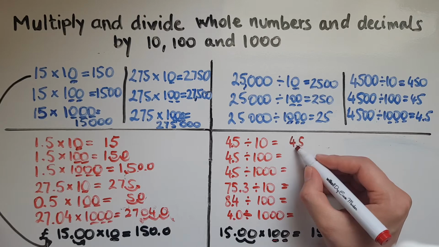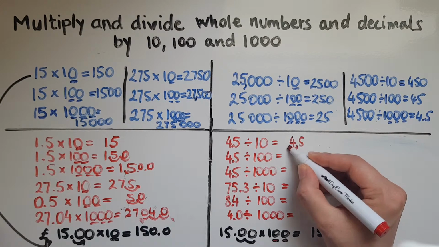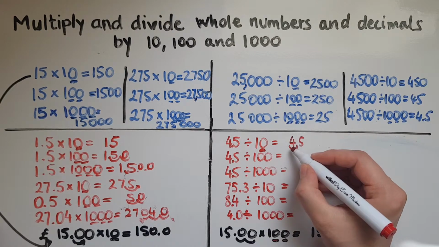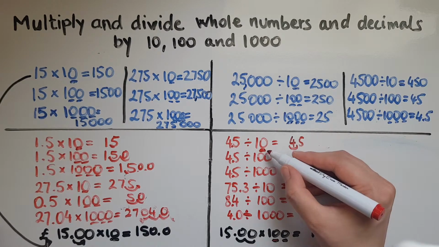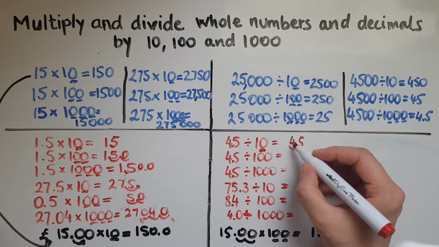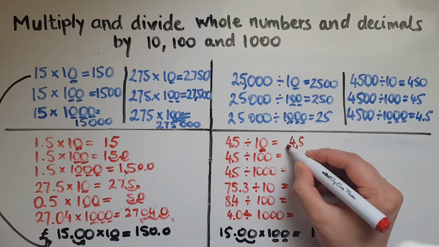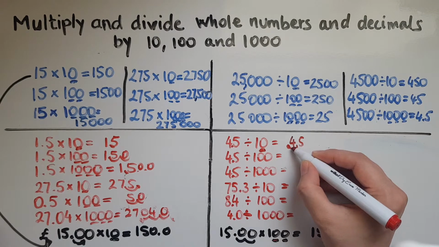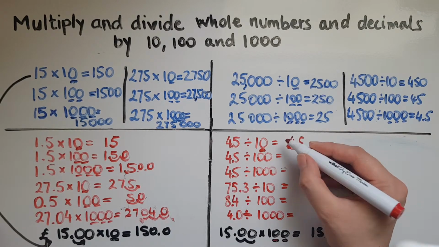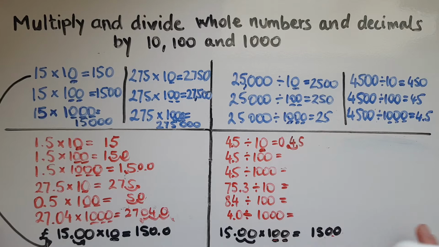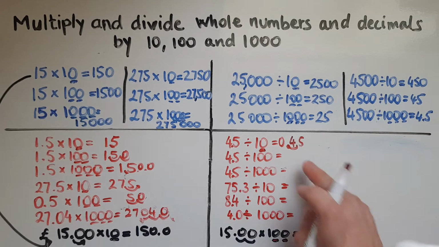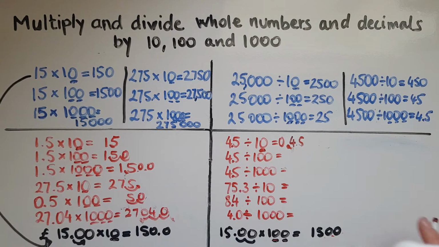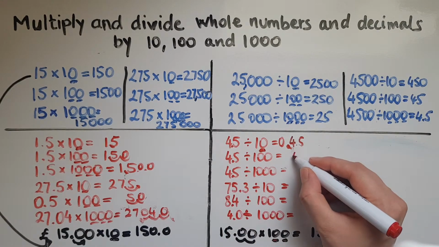So we go 1 place to the left because there is 1 zero in the 10. So the decimal point will be here now. But can I have just .45? Mathematically, you need to add a 0 in front. So this becomes 0.45.